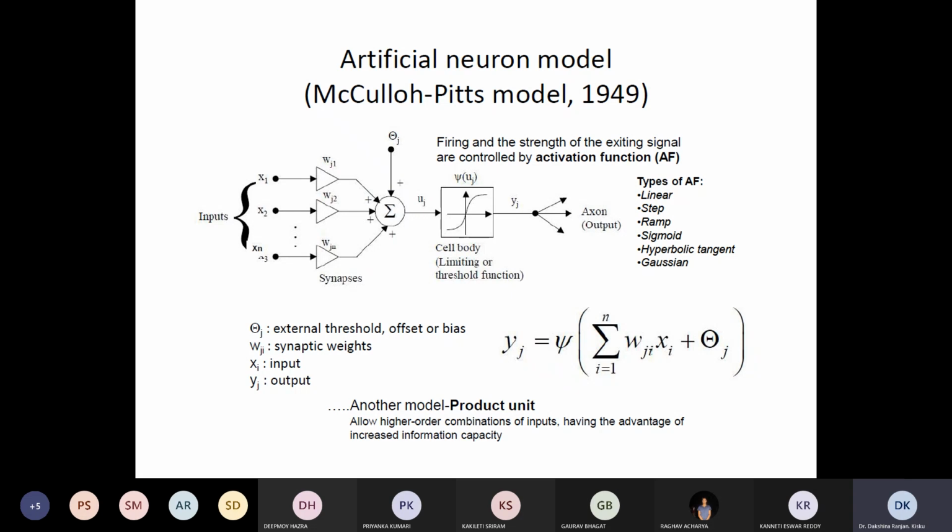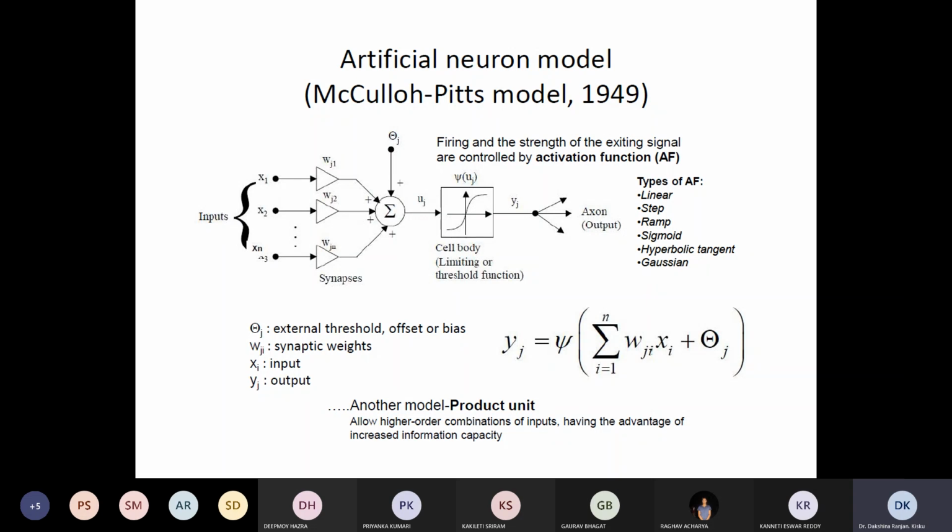In the straight line equation we have y equals mx plus c. Here m and c are comparable to w and theta j. So this model is similar to the straight line equation.